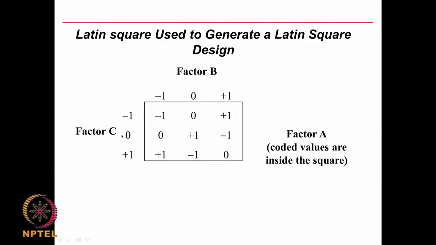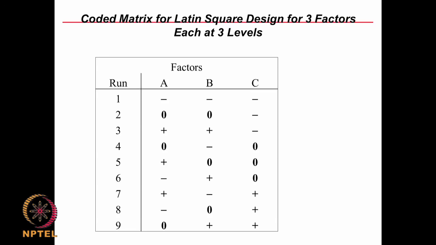This is called a Latin square because we have a square here and then we put in the levels of each factor, and in the middle also we can put in some factors. If you remember, we did a problem on carbon, nitrogen and organism for the production of biopolymer, with 7 by 7 Latin squares.